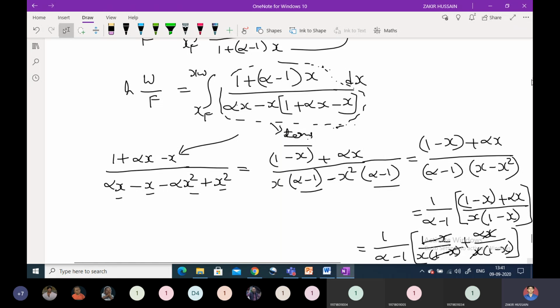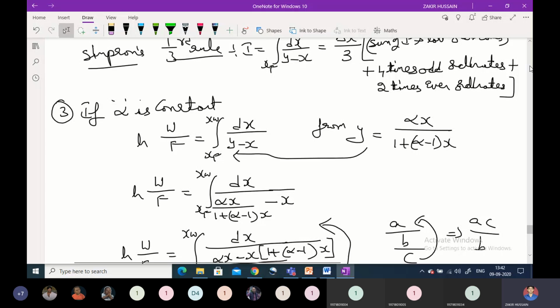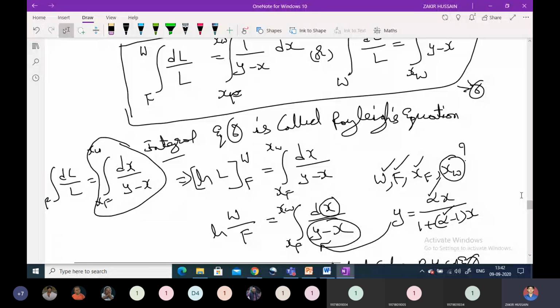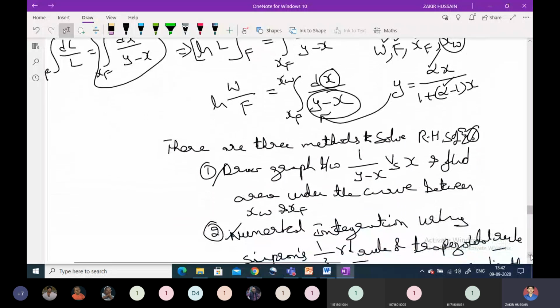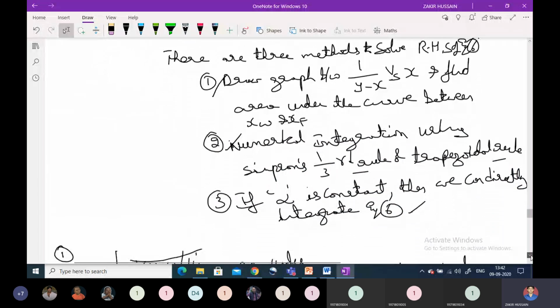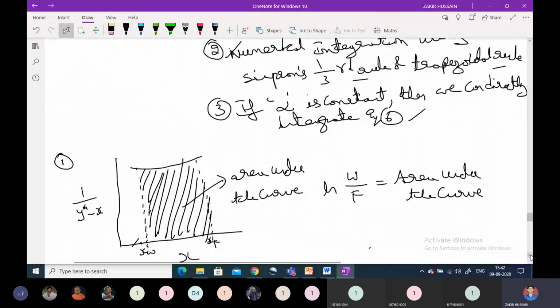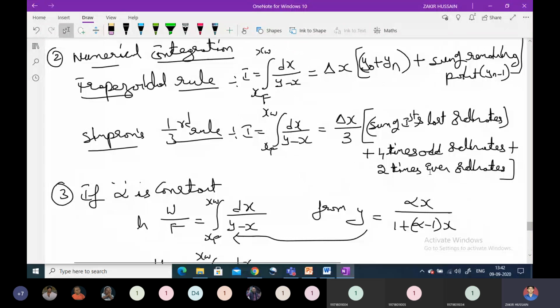Okay, we should give some equation numbers so that it will be very easy. So this is Rayleigh's equation. Already we have given this as 6. So this will be from the top. For the Rayleigh's equation we have given equation 6. Then from trapezoidal rule we will give 7. This trapezoidal rule will give equation 7, and Simpson's rule will give equation 8. Then this will be equation 9, the y value.